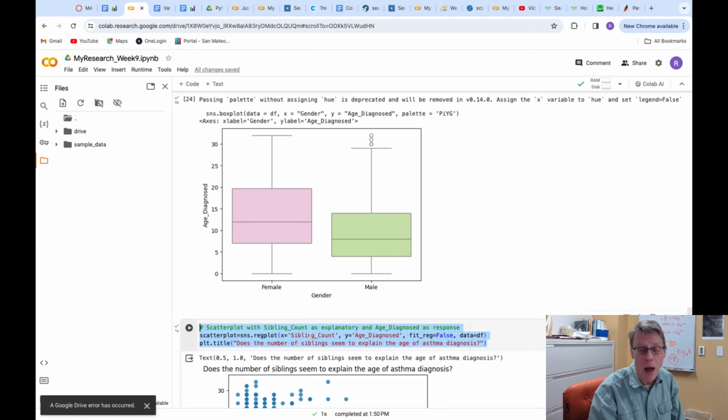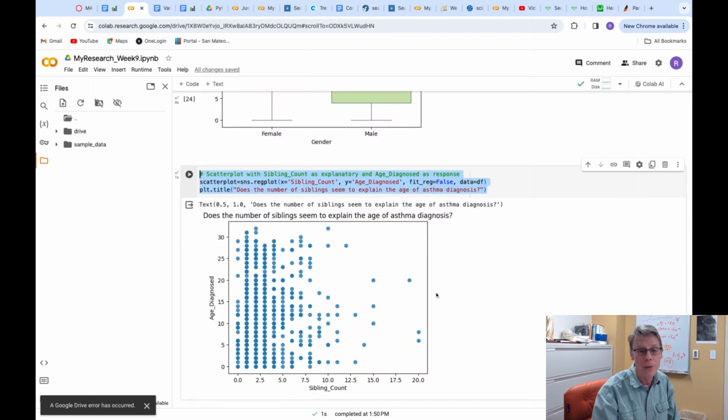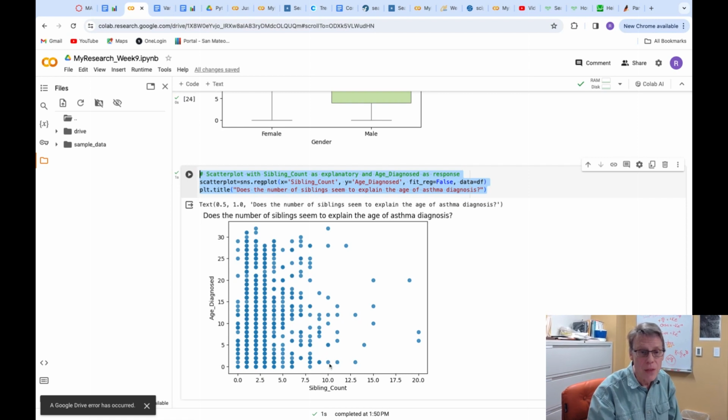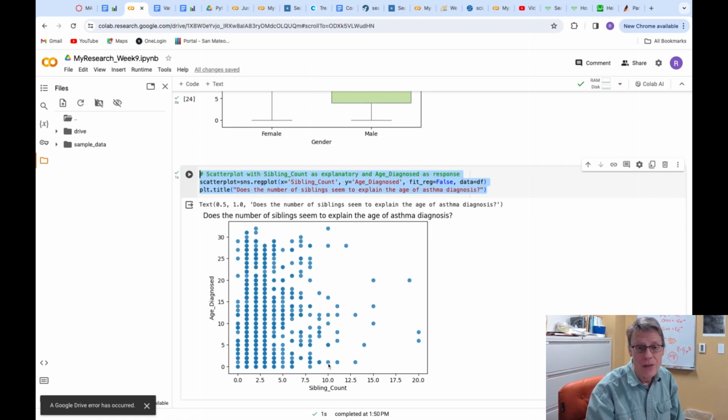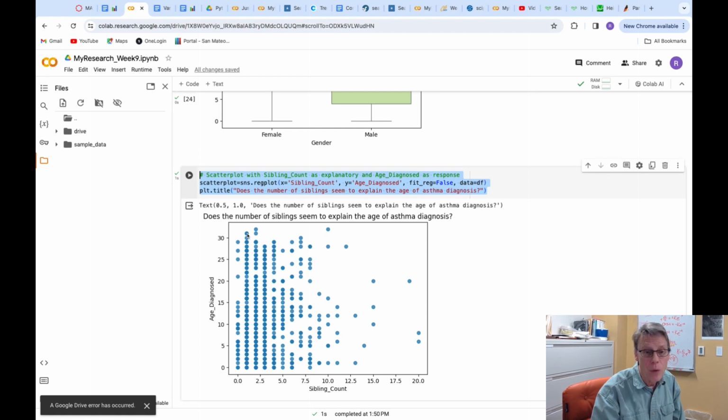So each line in the data set has a value for each of these two numbers. I'm just going to plot on a regular graph those ordered pairs. So for example, this person right here has 10 siblings and was diagnosed with asthma at age 1. And this person over here has only one sibling and was diagnosed when they were about 31 or 32. That's it. That's what these dots mean.